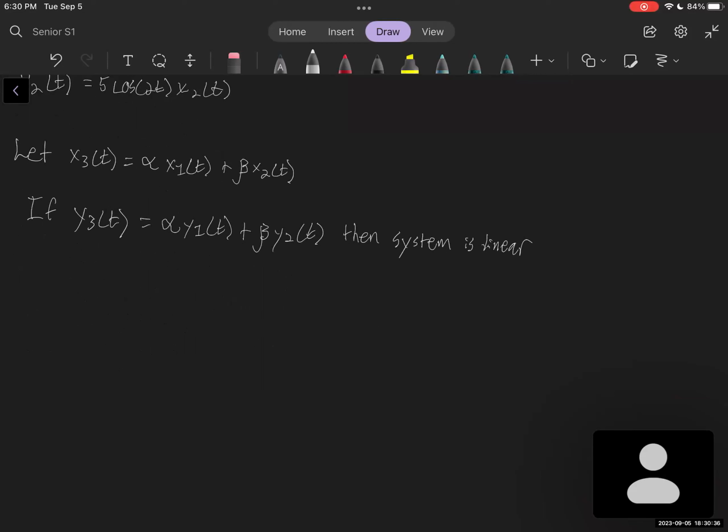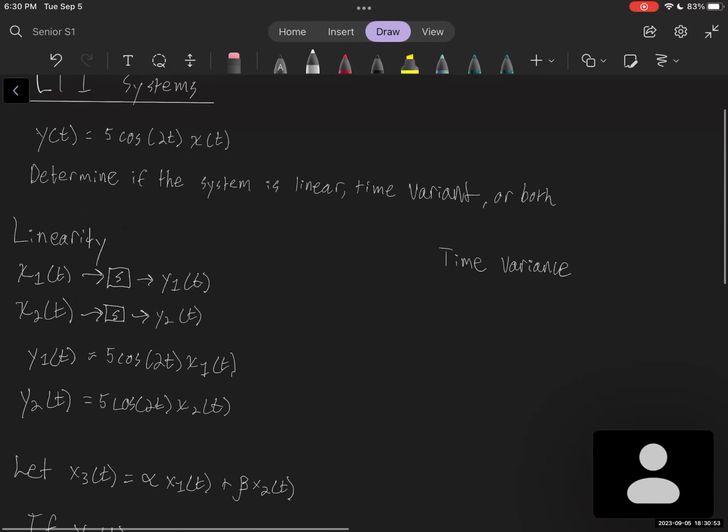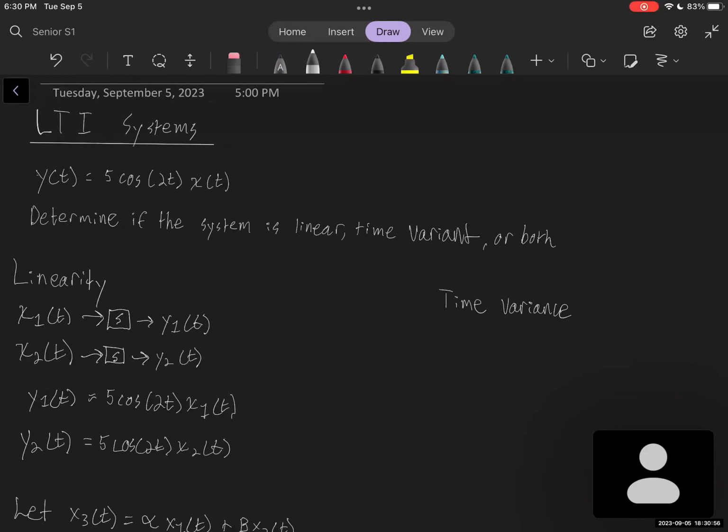So how do we prove this? We have y3 of t is equal to 5 cosine of 2t x3 of t, and that's again just from up here where we defined our system.